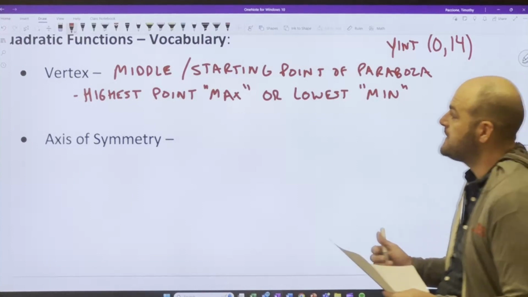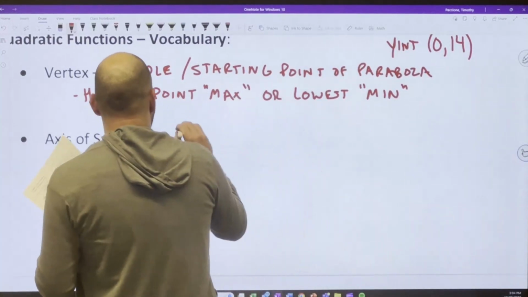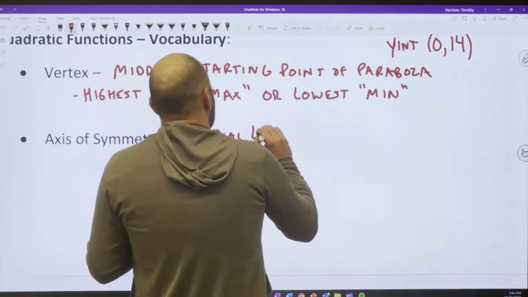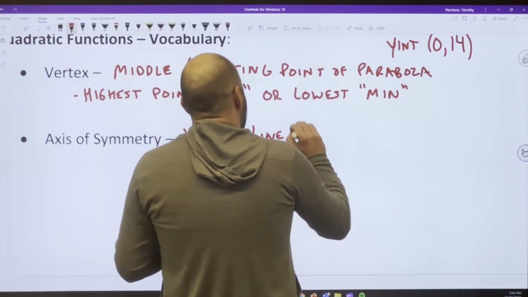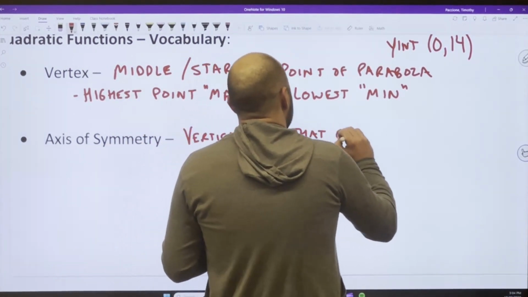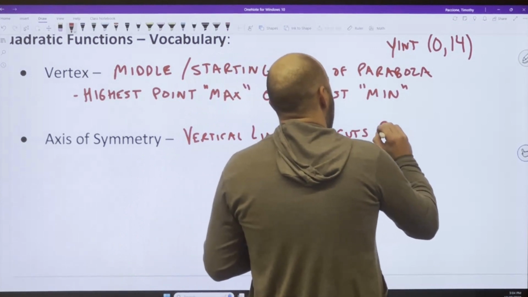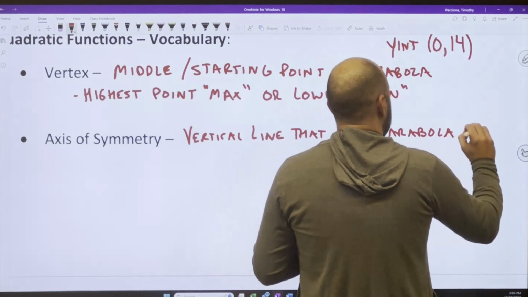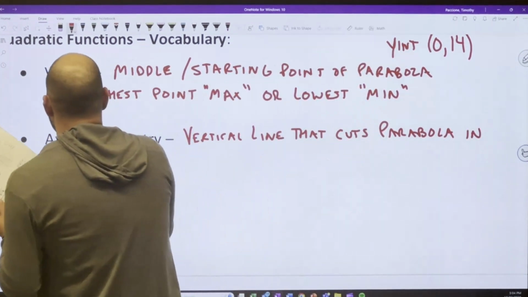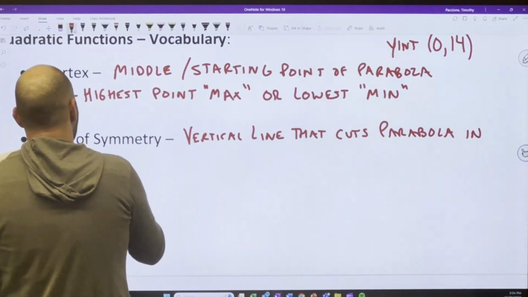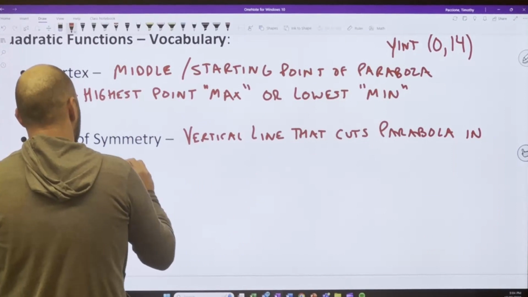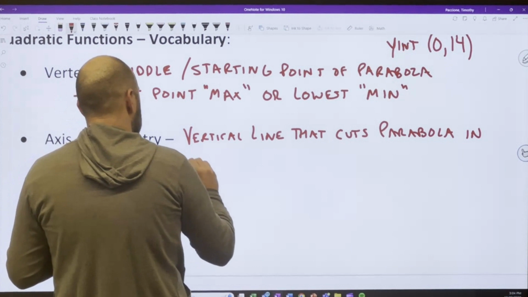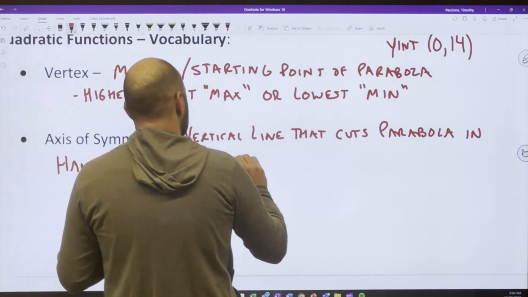okay? My axis of symmetry is a vertical line that cuts the parabola in half, and I'm going to write perfectly, right? It'll be the same on both sides.